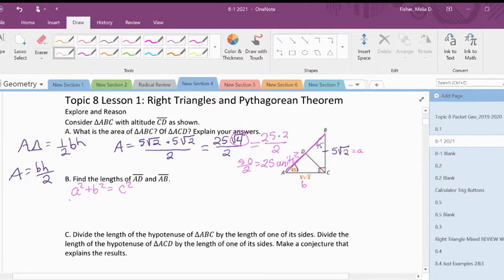So we're going to say 5 square root of 2 squared plus 5 square root of 2 squared equals c squared. In part A, we already did 5 square root 2 times 5 square root 2, and so we know that that actually comes out to be 50.